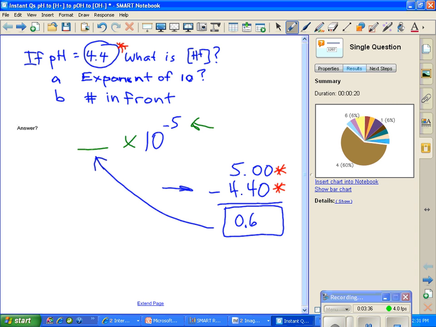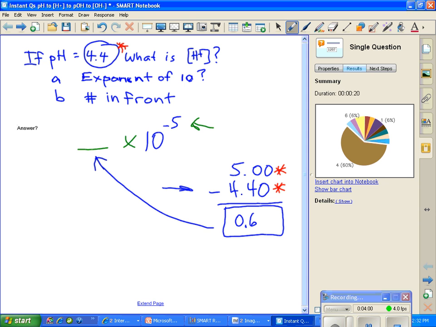So since that's a logarithm, when we subtract these two guys, we're actually adding them, but because the 4.4 is a minus when we antilog it, it's going to come up with a 0.6 as we add these two guys together, because the 4.40 is a negative number.